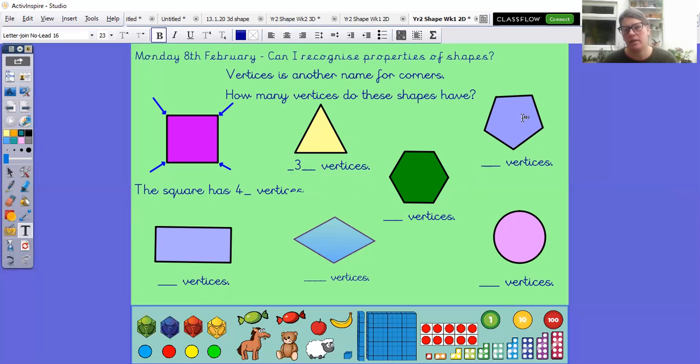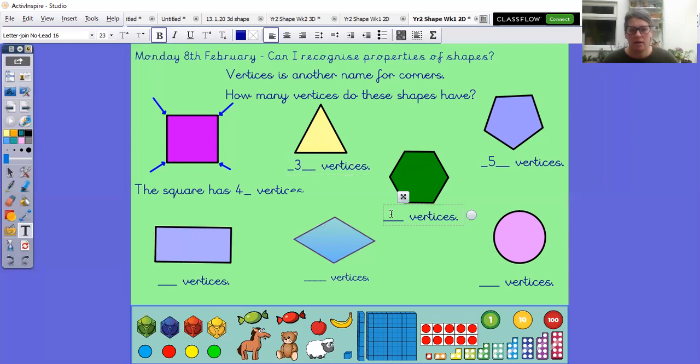How about our pentagon? 1, 2, 3, 4, 5. And let's come down here now to our hexagon. 1, 2, 3, 4, 5, 6.